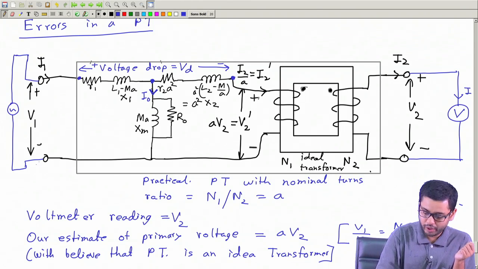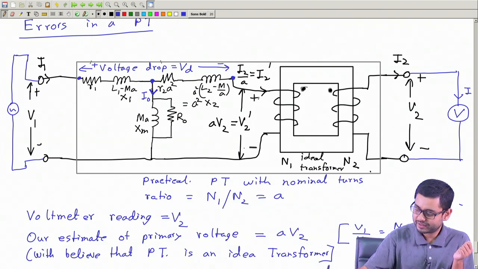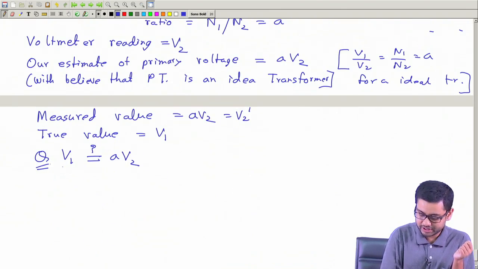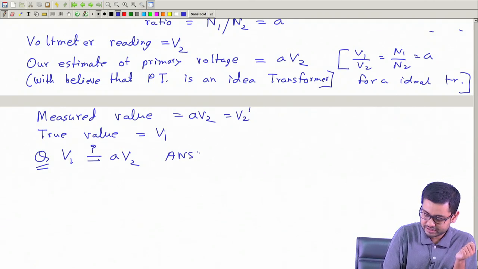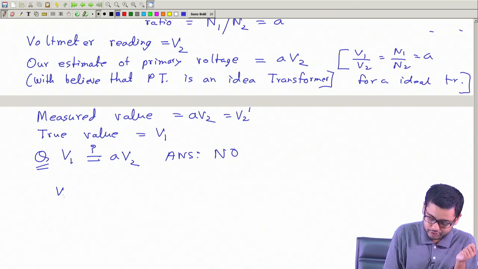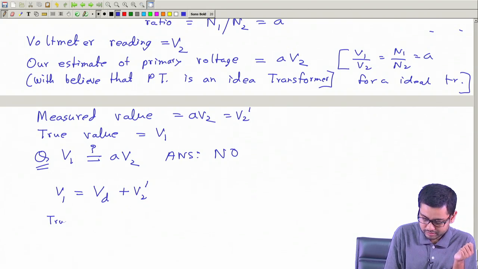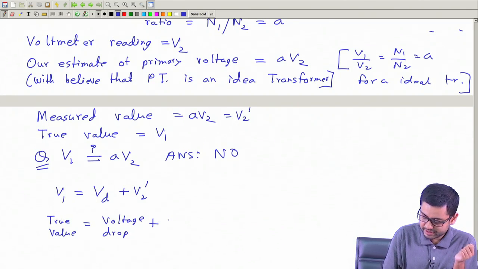Then we can write V1 is equal to VD plus V2 prime. So here the answer is no. The true value is equal to the voltage drop plus the measured value.